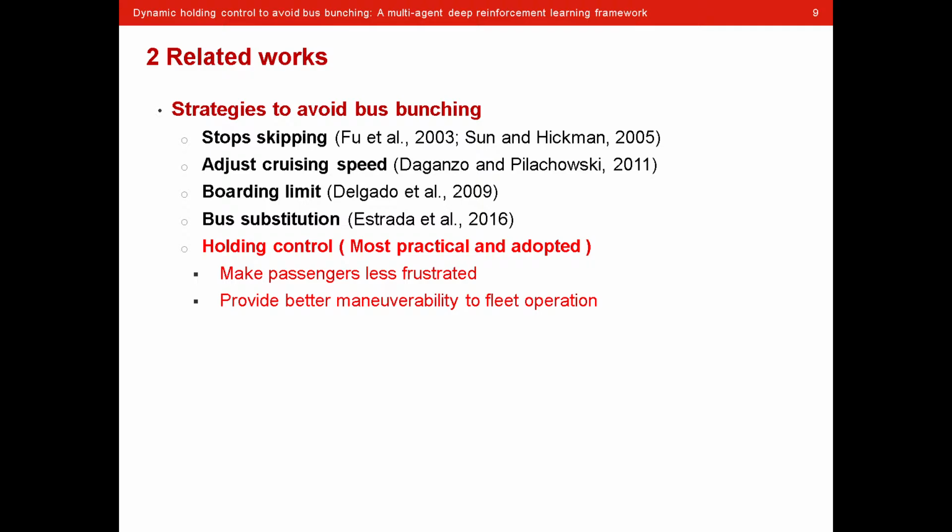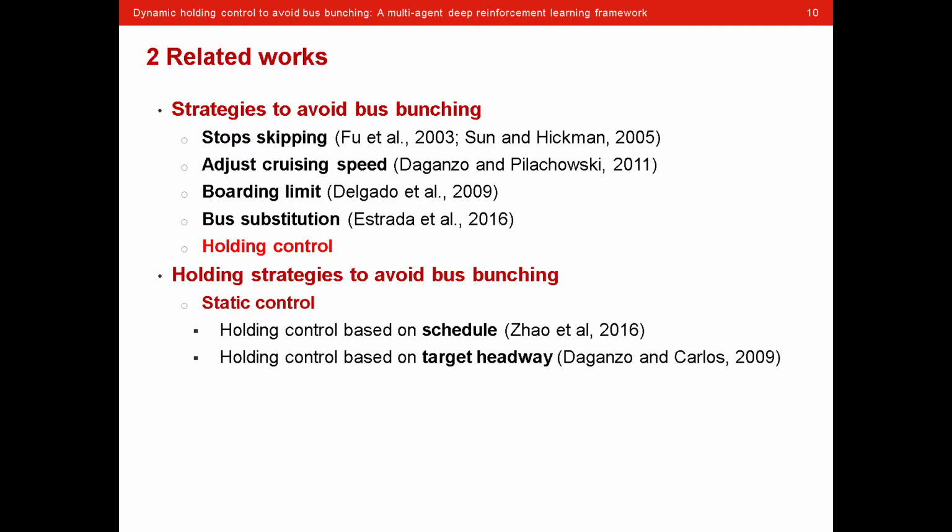So let's have a more detailed review of the holding control strategy. The holding strategies mainly have two categories. The first is the static control. The static control is based on a fixed schedule, or based on a target headway.